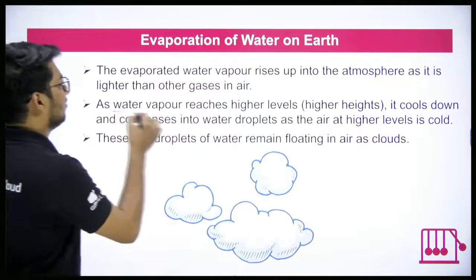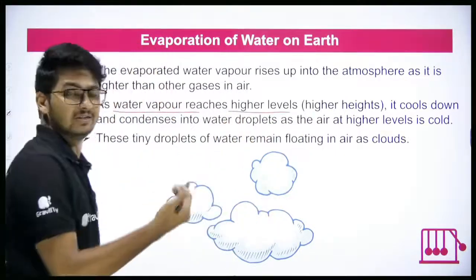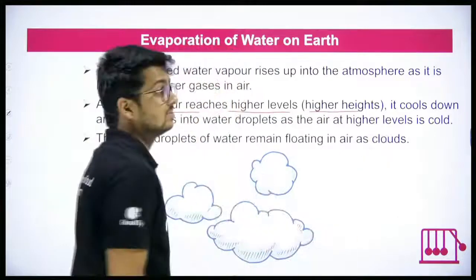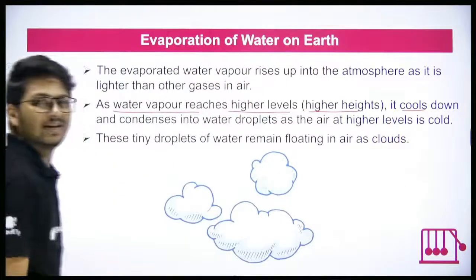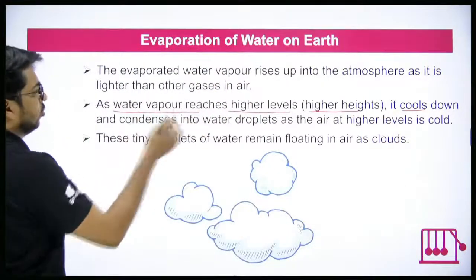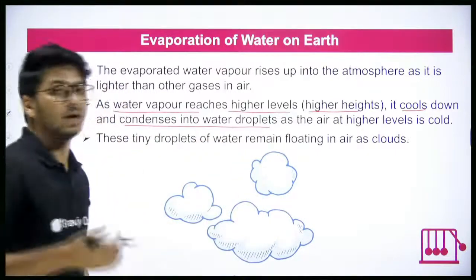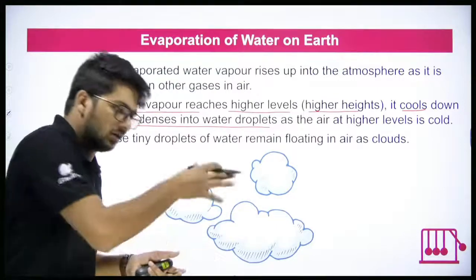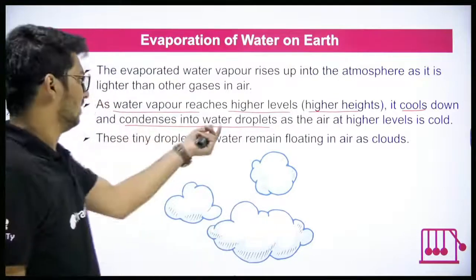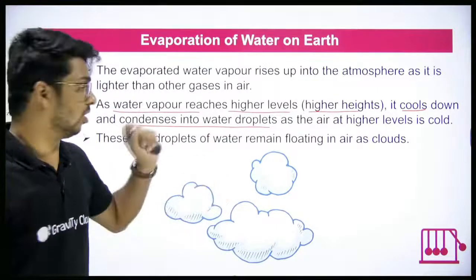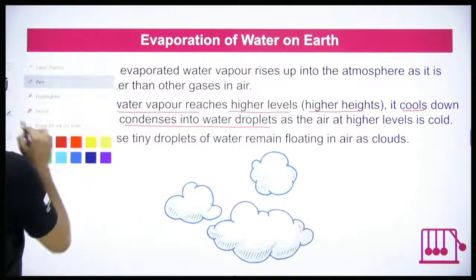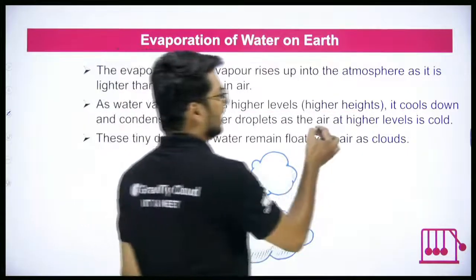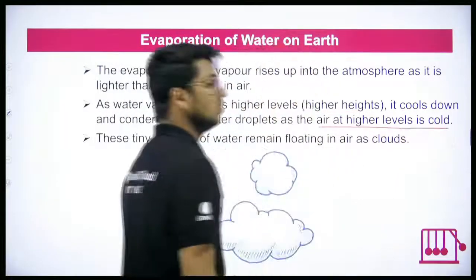So as water vapor reaches higher levels, which means higher heights, it cools down. Why does it cool down? It cools down and condenses into water droplets. When you cool down water vapor, it will convert into water. So it will condense into water droplets. The reason is the air at higher levels is cold.